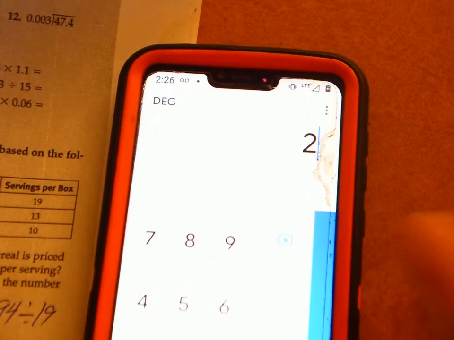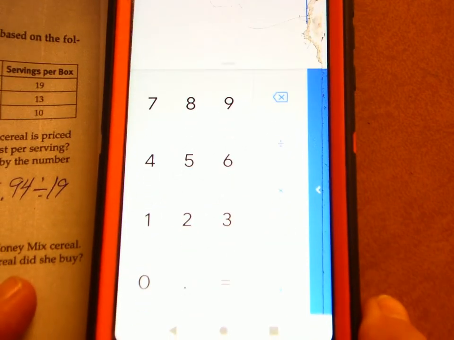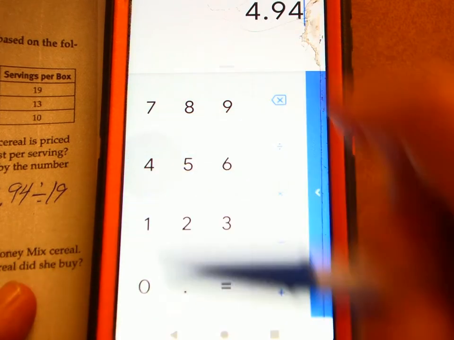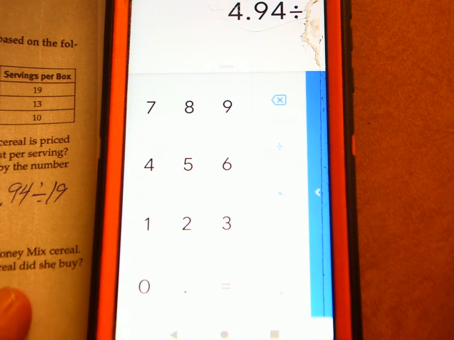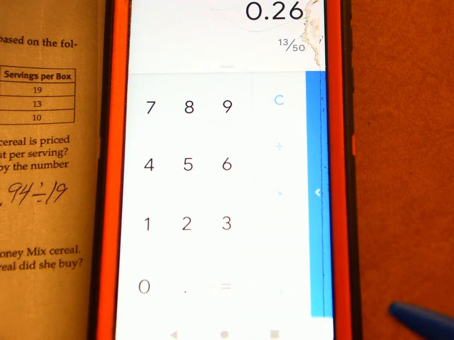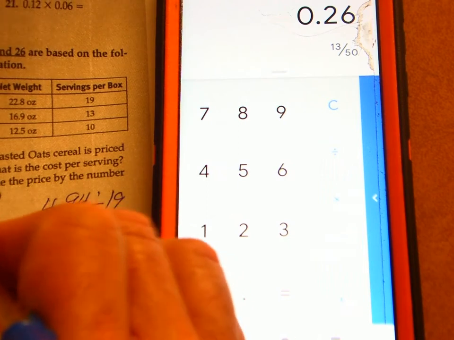Here we go. Oh, I lost my calculator. Come on, baby. Okay, clear it out. We got 4.94. Can you see it? Nope. Here. 4.94 divided by, what did we say? 19 servings. 1, 9 equals 0.26, 26 cents, and there it is, 26 cents per serving.